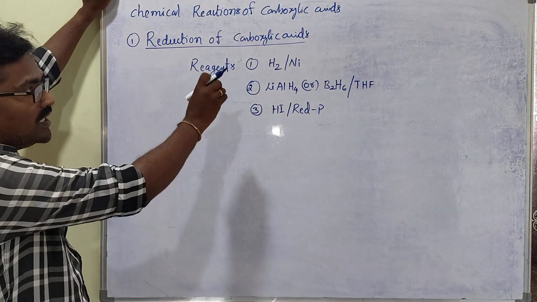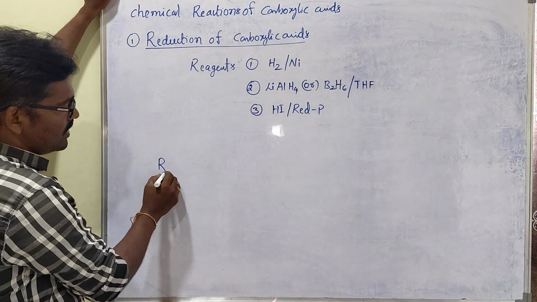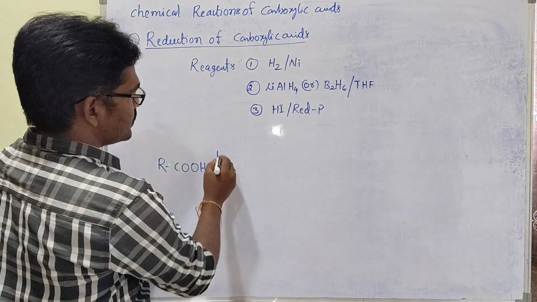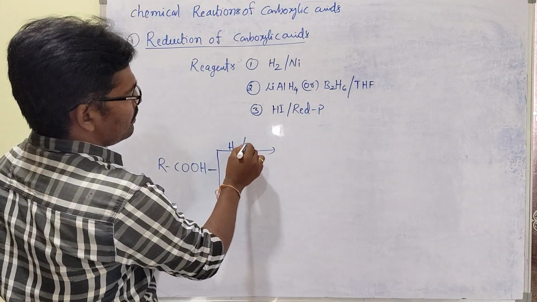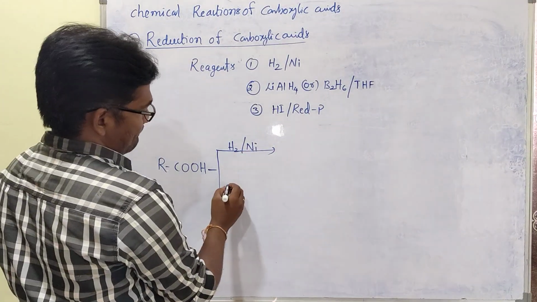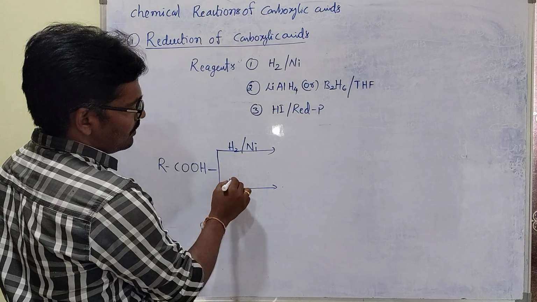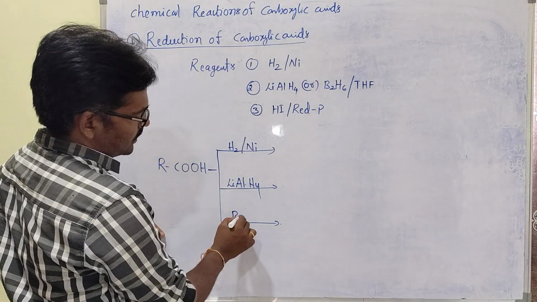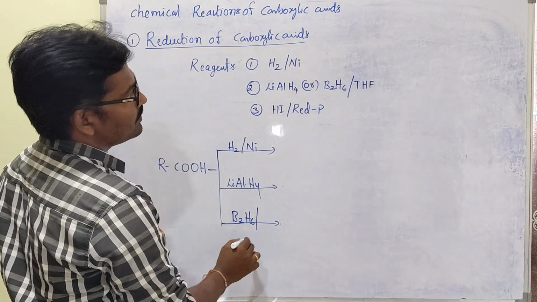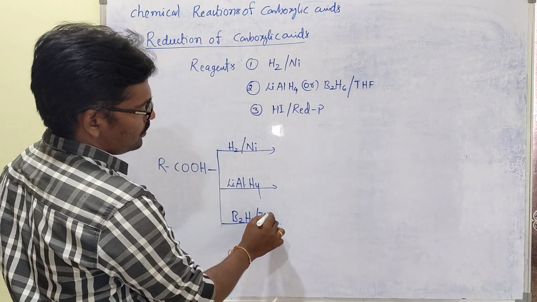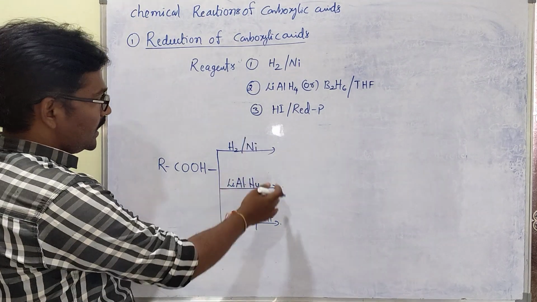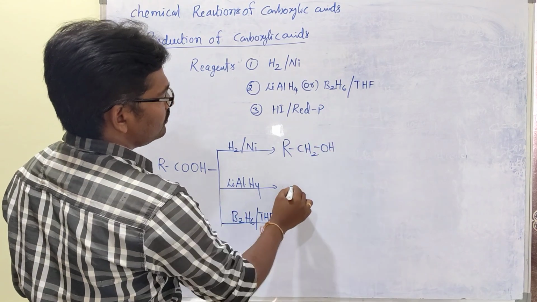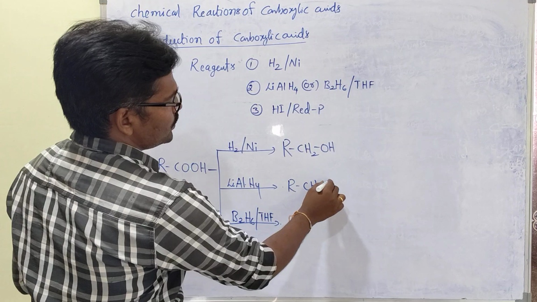So what happens when we use these reagents on carboxylic acids? RCOOH, carboxylic acid. If we use hydrogen in the presence of nickel, lithium aluminum hydride, or B2H6 in the presence of THF, tetrahydrofuran, then in these three cases carboxylic acid can be converted into alcohols.